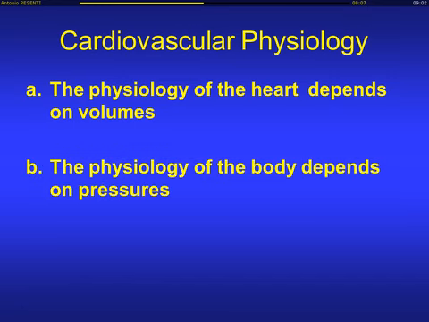But the body around the heart, including the lung, which is part of the body, is ruled by pressures, because fluid moves around due to pressure. So if you want to know how the heart works, you have to get good data about volumes. If you want to know what generates a bigger liver or an edematous lung, you have to know about pressures, which obviously are linked to volume in some ways.